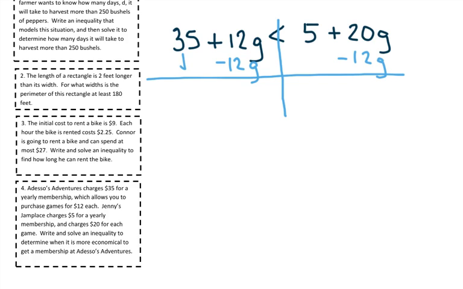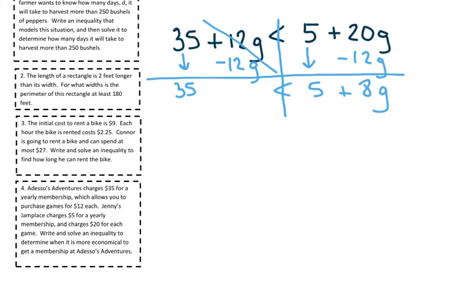Here we're going to drop down the 35. 12g minus 12g is 0, so that cancels. I have a less than symbol here. The 5 drops down, and 20g minus 12g is 8g.